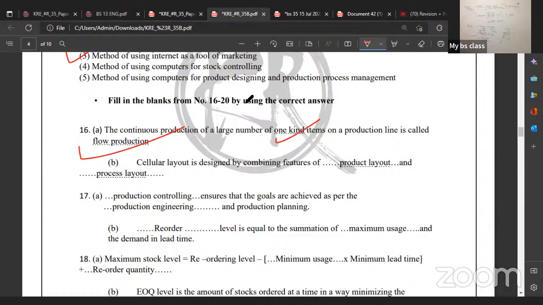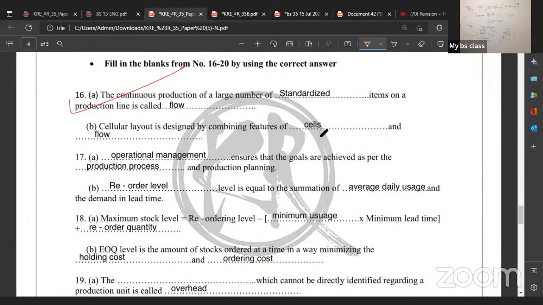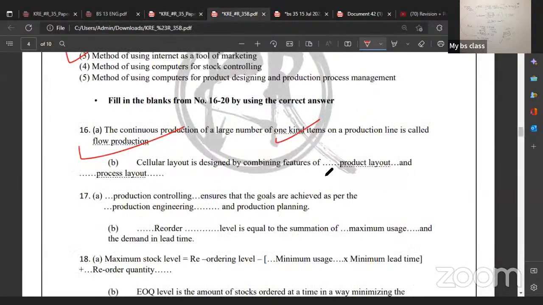Product layout and process layout. Yes, product and process. We cannot say cells because it's a cellular layout. Product and the process layout.